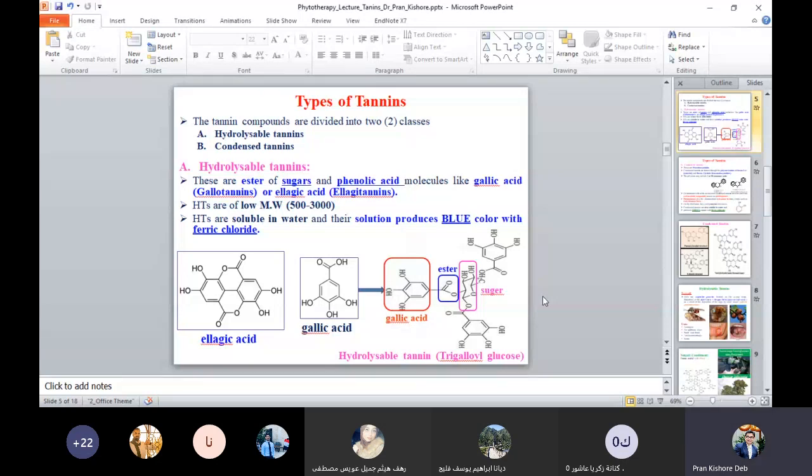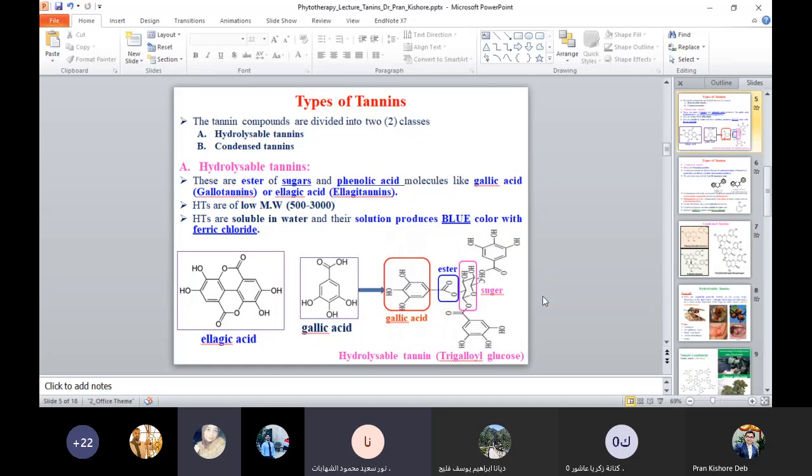Do you understand my question? Two, I think two ester bonds. No. Okay, look at the structure again. How many phenolic acids? How many ester bonds? How many sugars? Three ester bonds and one sugar.